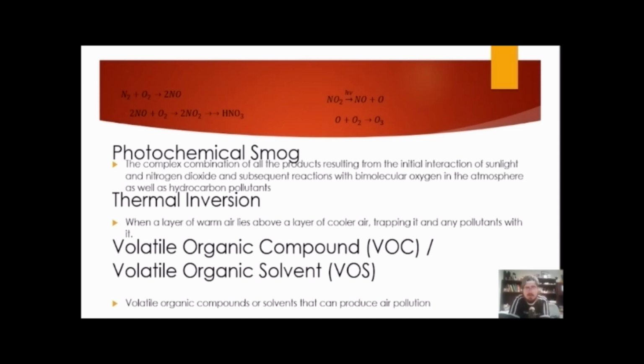We also have things like volatile organic compounds and volatile organic solvents, VOCs and VOSs, that can produce air pollution, like paint thinner, roofing tar, other petroleum distillates, various solvents and propellants, nail polish, aftershave, hairspray, insecticides.